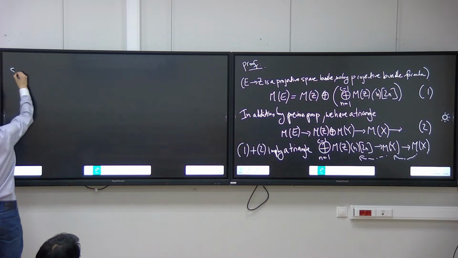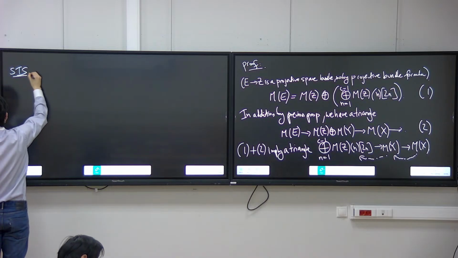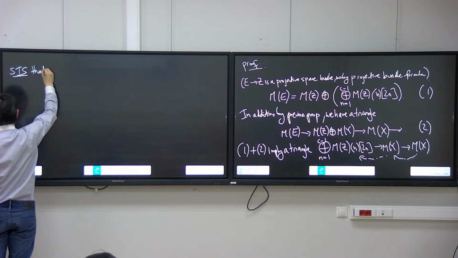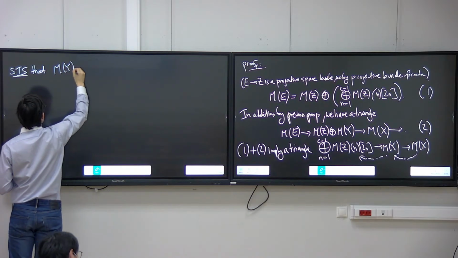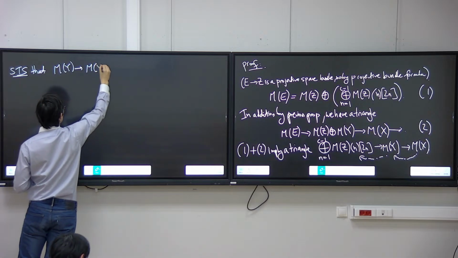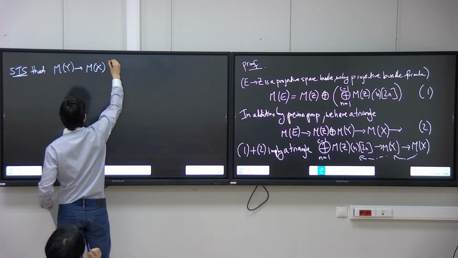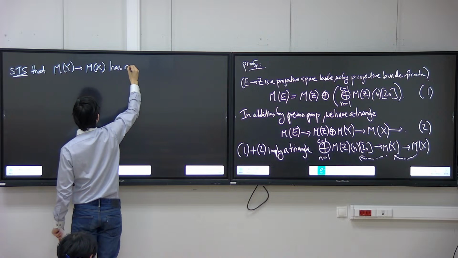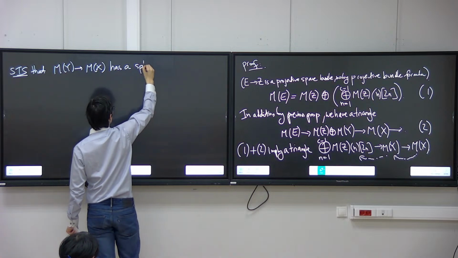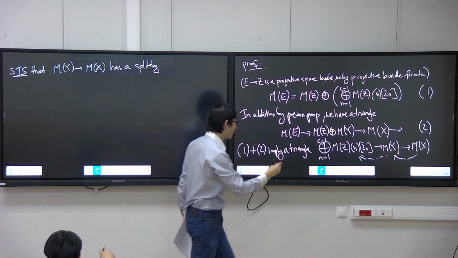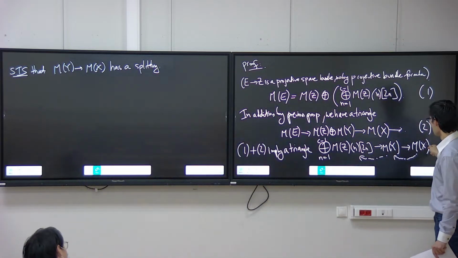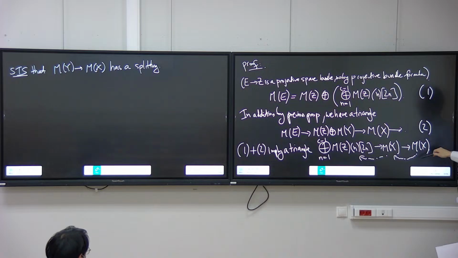So it suffices to show that M of Y to M of X has a canonical splitting. So this means a map in the opposite direction such that it is an identity on MX.